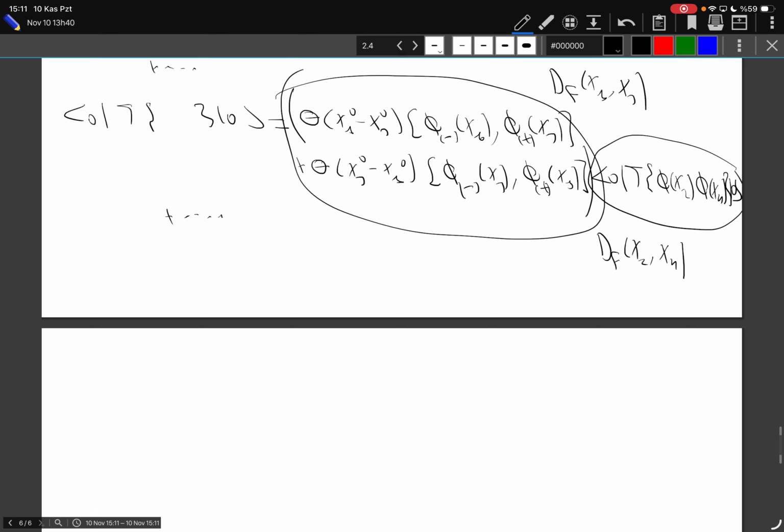Now, usually we have a shorthand notation for that. This term, what we had shown here, is actually equal to, I'm just looking at x1 and x3.